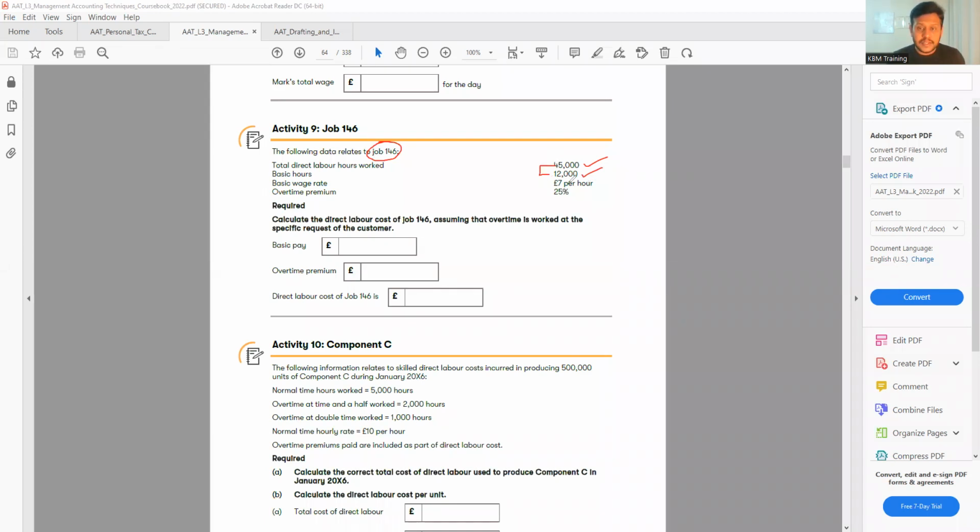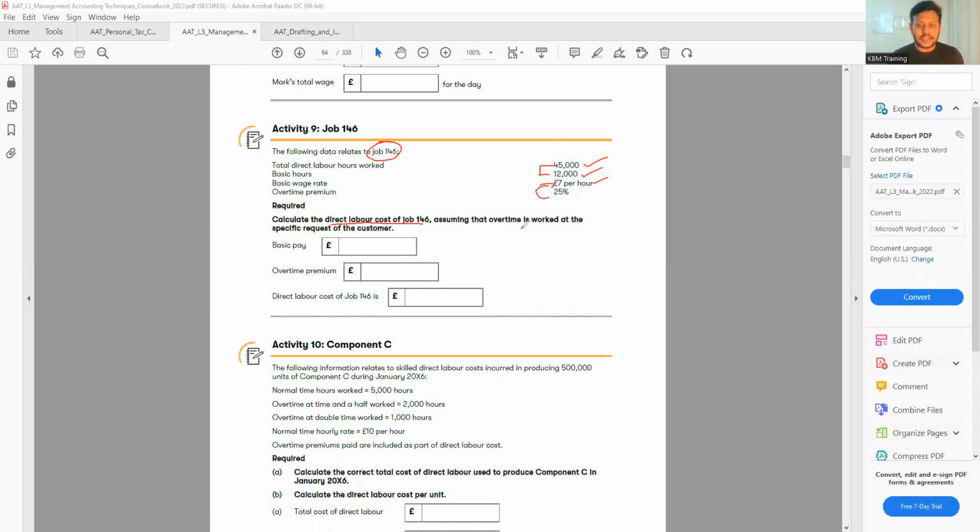Basic rate is 7 per hour, and the overtime premium is 25% of 7. So it's quite straightforward. Requirement: calculate the direct labor cost for job 146. Assume that overtime is worked at the specific request of the customer.